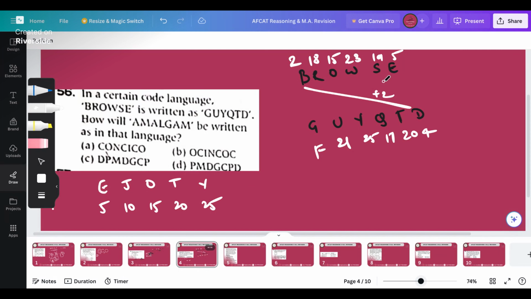This one, EF, G. So this is 7, sorry, not F. This one is moving over here again, plus 2.